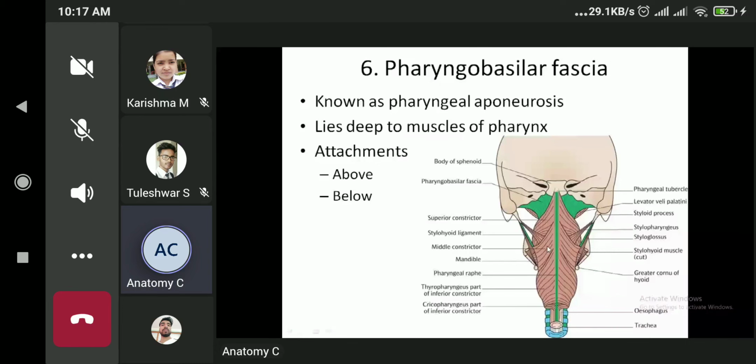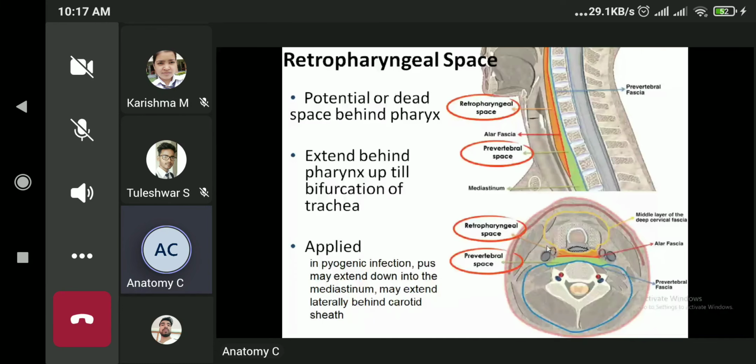Now, to know some important spaces present within this. First one is the retropharyngeal space. See here, this is the pharynx, and the buccopharyngeal fascia is represented by this dark line, just behind the pharynx.